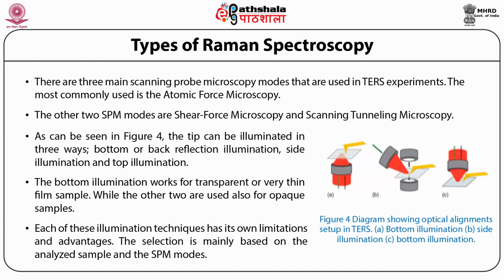The selection is mainly based on the analyzed sample and the SPM modes. Figure 4 shows the diagram showing the optical alignment setup in TERS. A is the bottom illumination, B shows the side illumination, and C shows the top illumination.